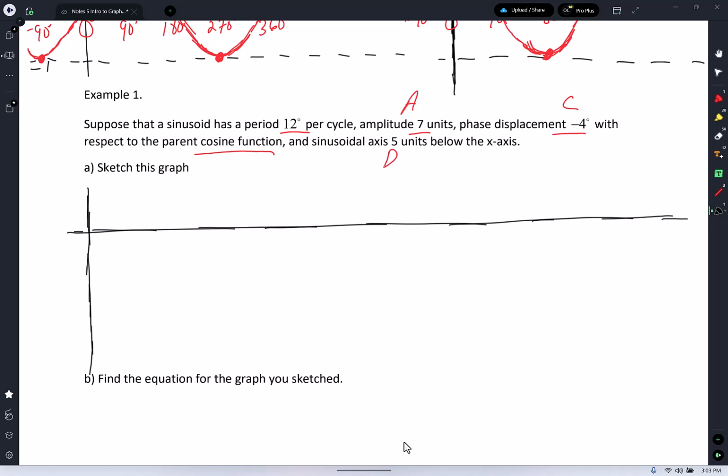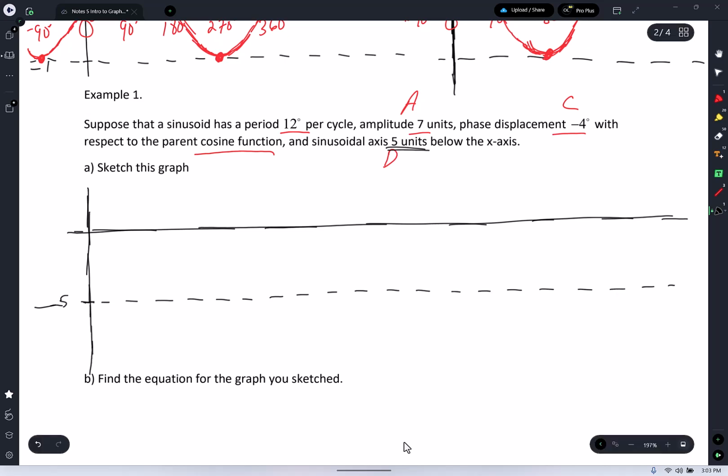All right, here we go. So my midline is 5 units below the x-axis. So that's a -5. I'm going to say this is -5 right here. That dashed line is my midline.